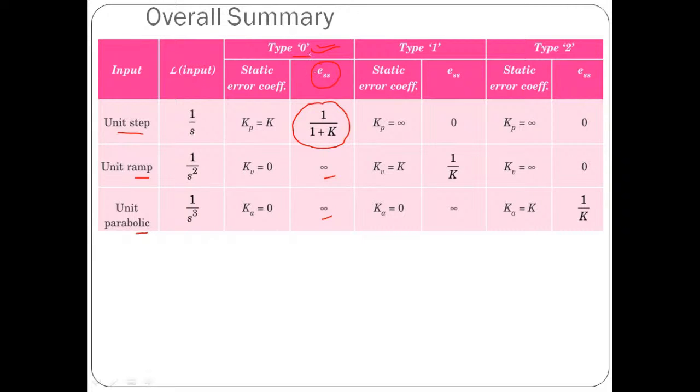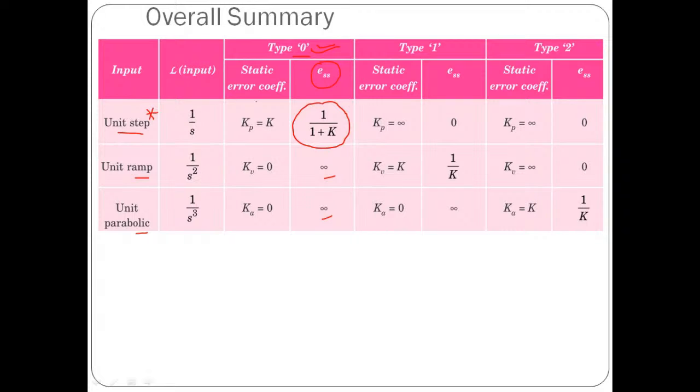For example, if you have a type 0 system, that means a system in which the number of poles available at origin is 0, or there will be no pole available at origin, then in that case, if you want to analyze the behavior of that particular system, definitely we need to take only unit step input excitation as the main input function.